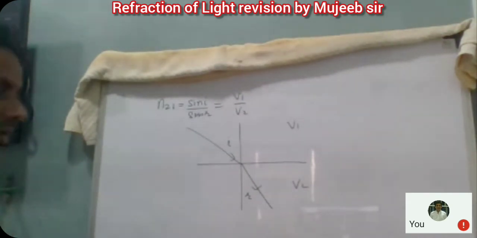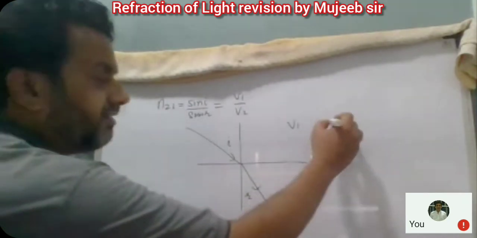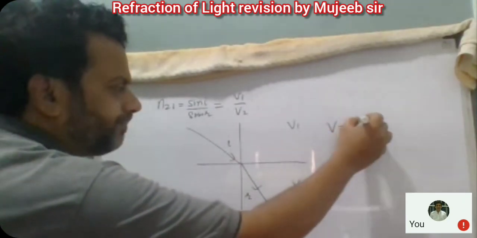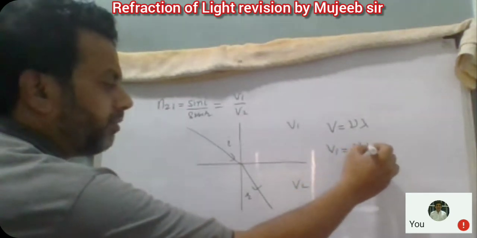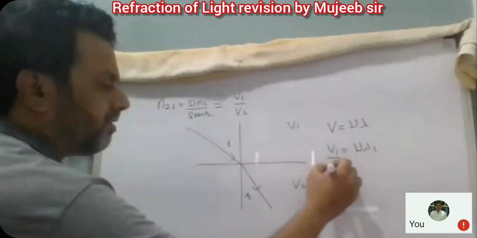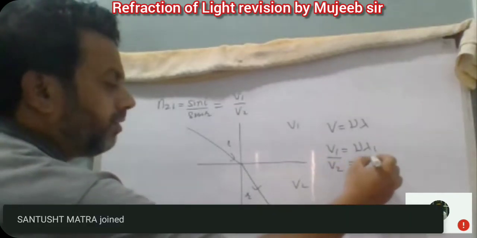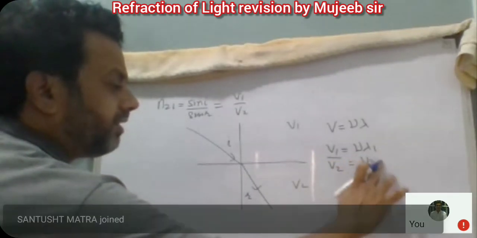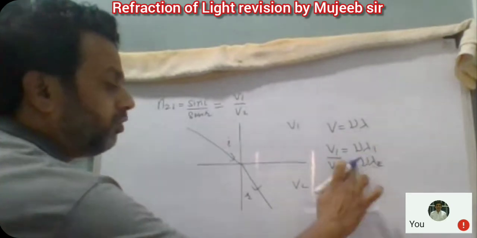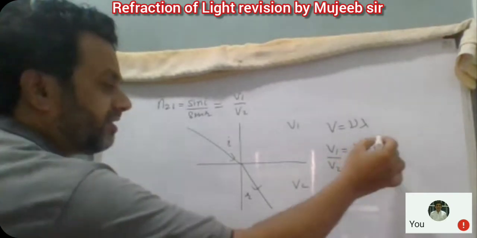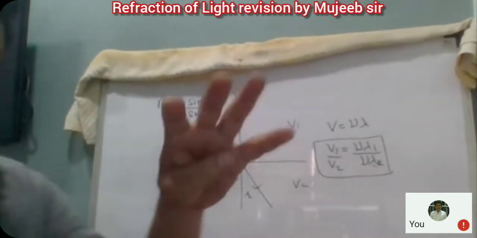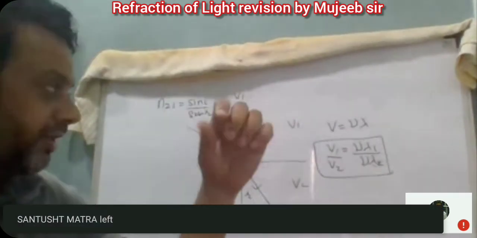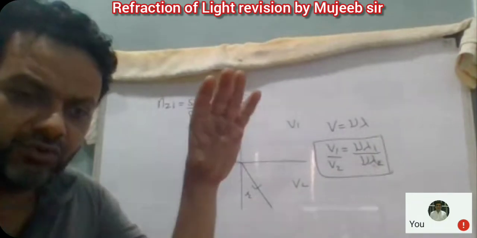Last year we studied v equals nu lambda. So v1 is equal to nu into lambda 1, and v2 is equal to nu into lambda 2. You must remember one thing: when light goes from one medium to another, out of the four parameters, three change.